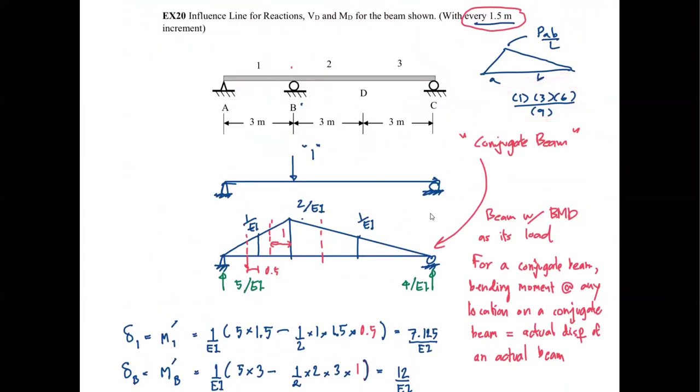The moment calculated by using PAB over L. P is 1, A is 3, B is 6, and L is 9. So the maximum moment of this beam with the unit load is 2. And in the conjugate beam, we need to use the moment divided by EI diagram, or M over EI diagram. So once I have 2 from this calculation, I divide it by EI.